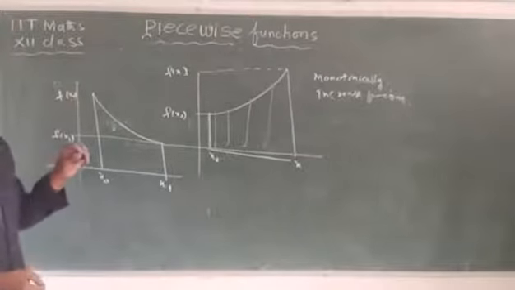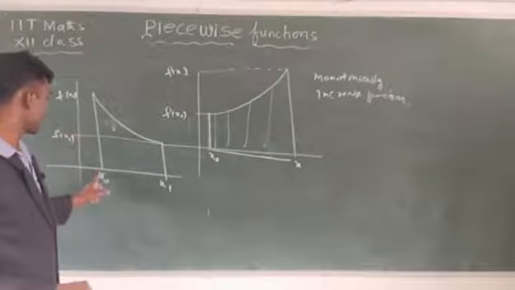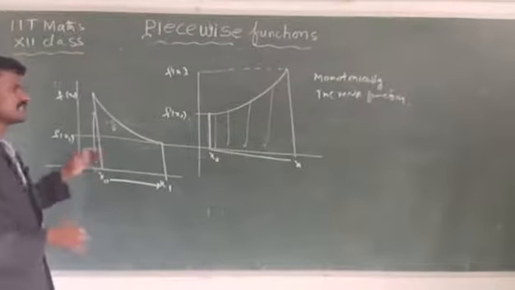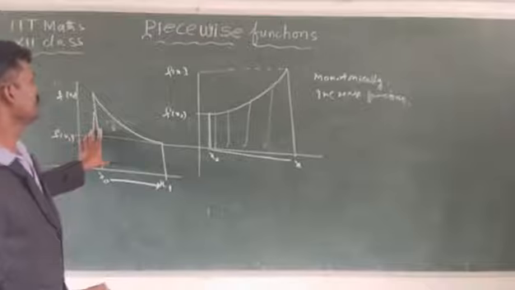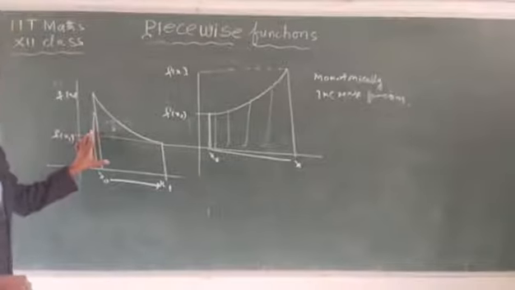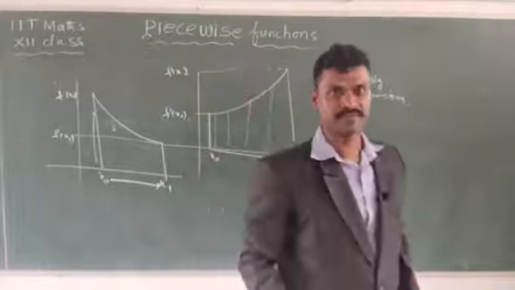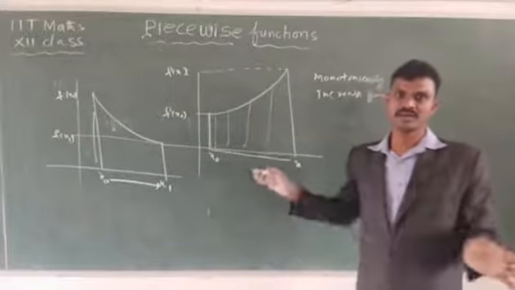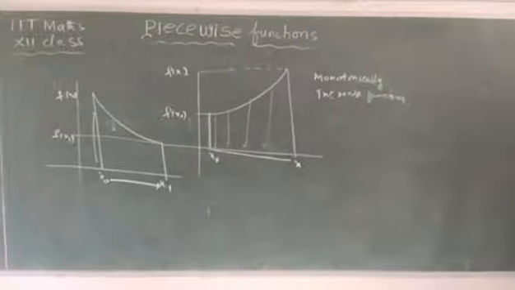A function is said to be monotonically decreasing if x increases and y value decreases within a certain interval. Then this is called the monotonically decreasing function. We can see this in the continuity and differentiability chapter, which we will explain elaborately. This is the monotonic function.